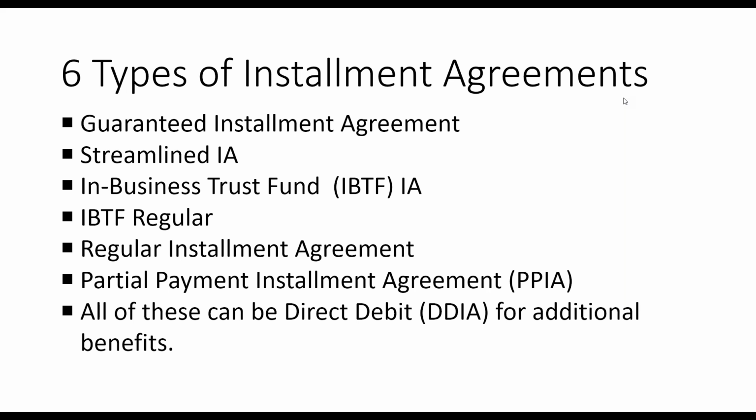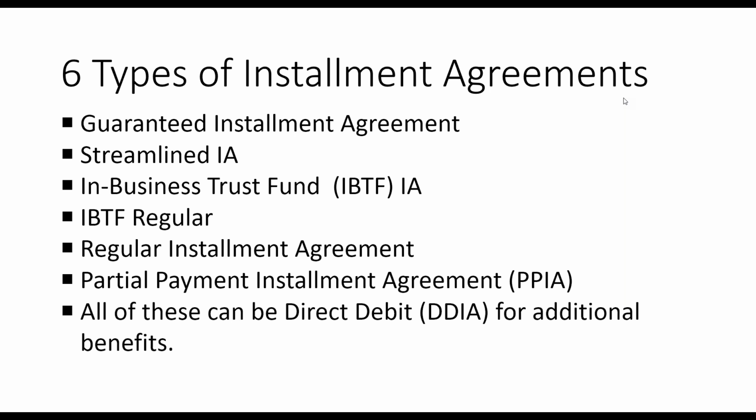There is also something called a partial pay installment agreement. This is when the taxpayer can only afford X dollars a month, and there is not enough time in the statute of limitations at that payment amount to full pay the tax liability. So that option is out there as well.